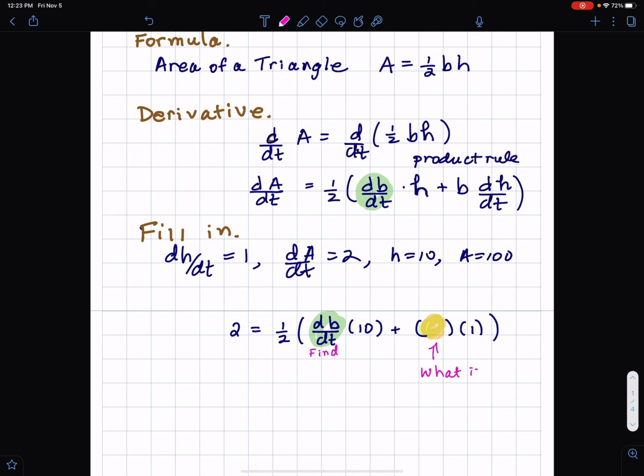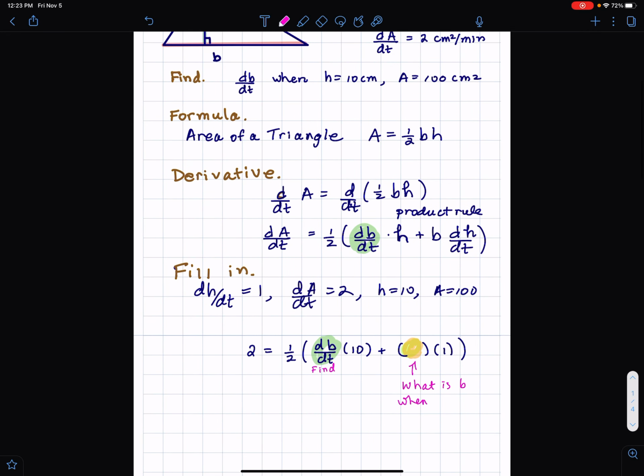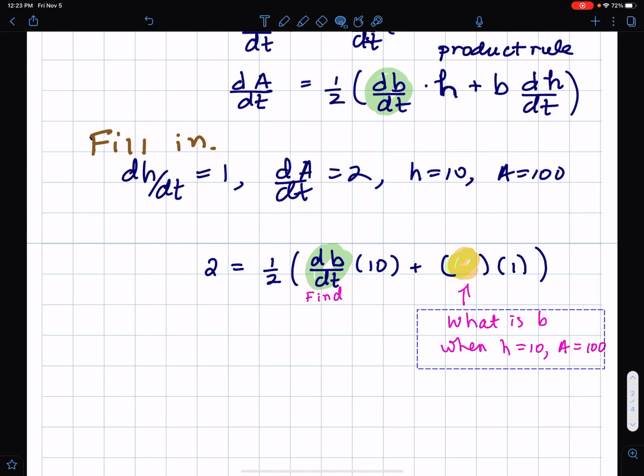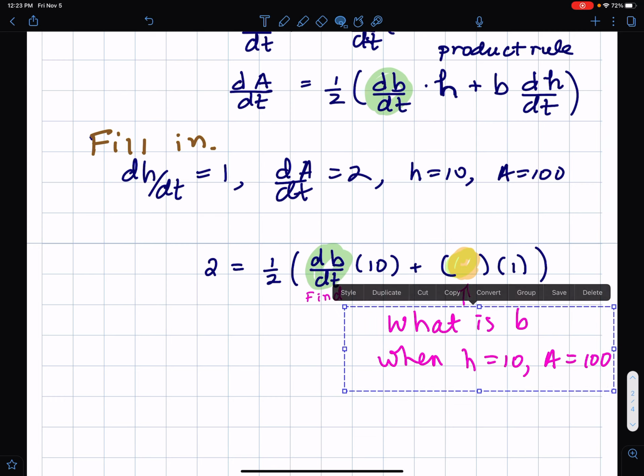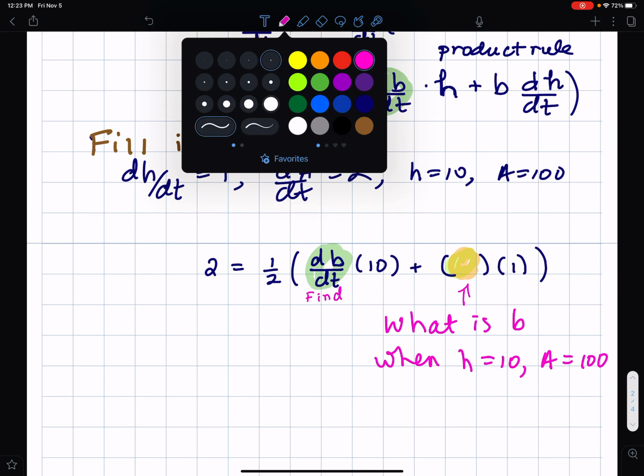when h equals 10 and a equals 100? How are we going to answer it?